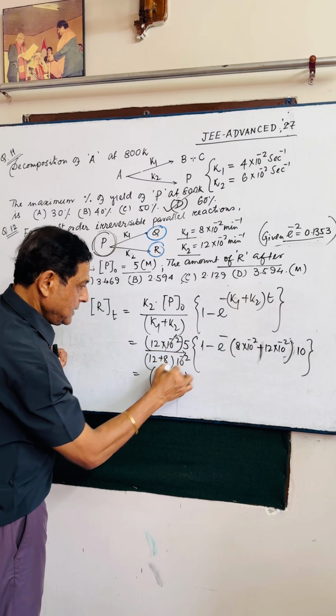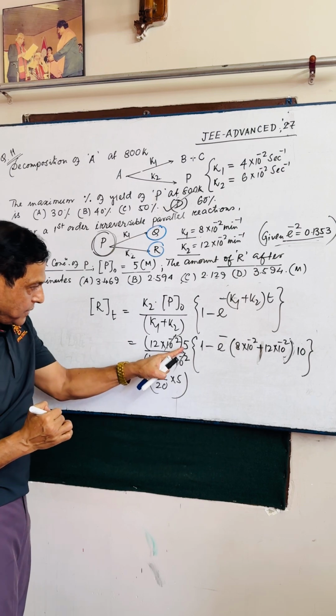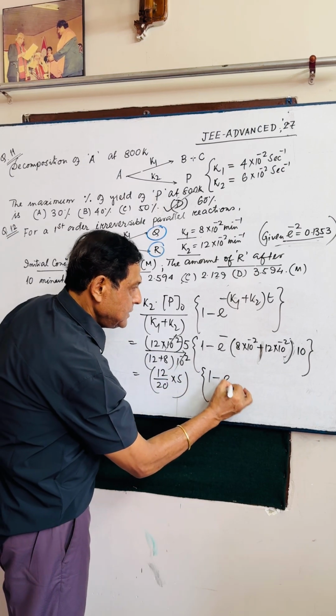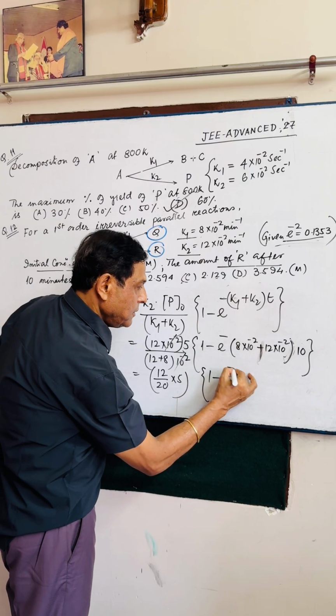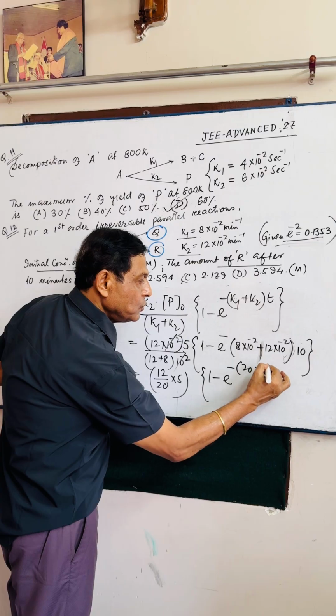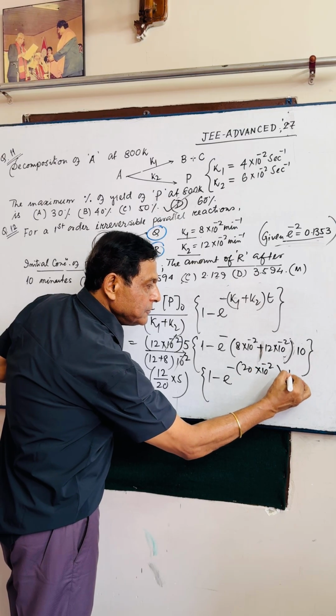So 12 by 20 into 5 molar, given P naught, into 1 minus e to the power minus (8 plus 12) into 10 to the power minus 2 into 10.